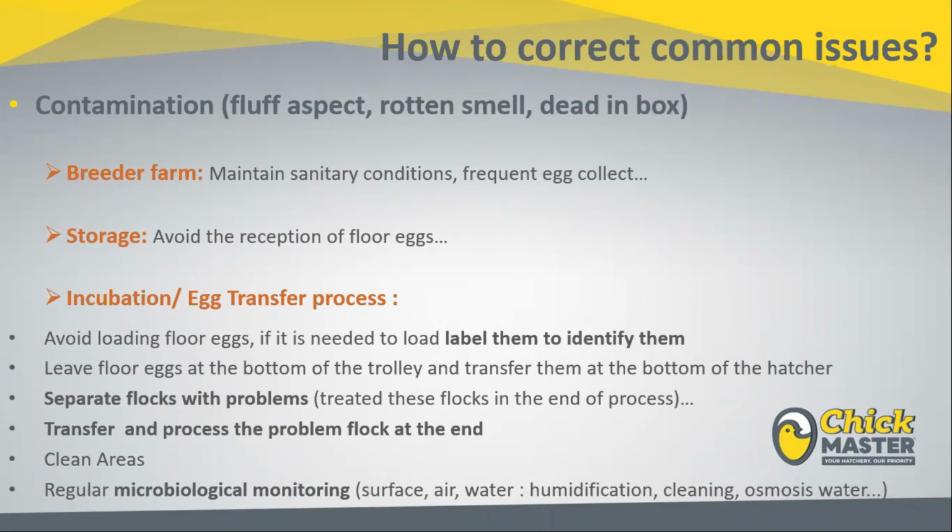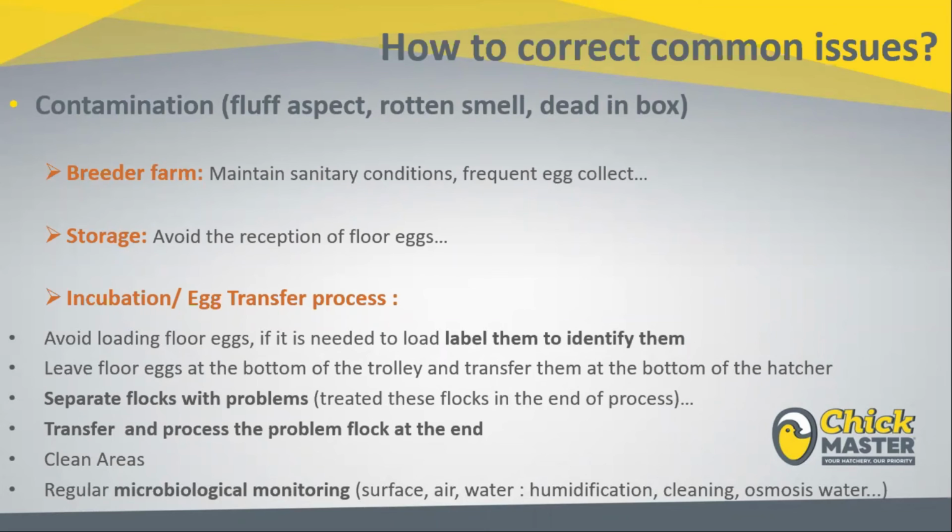The same thing applies for flocks with problems. This is to avoid contaminating our equipment during egg processing or chick processing, and to avoid cross-contamination between flocks. Also, regular microbiological monitoring of the hatchery will help us act in a preventive way.